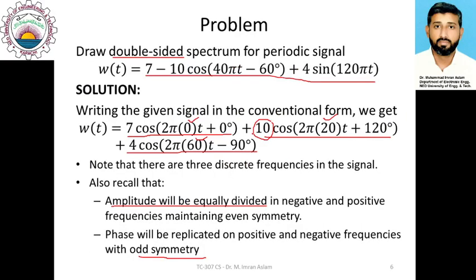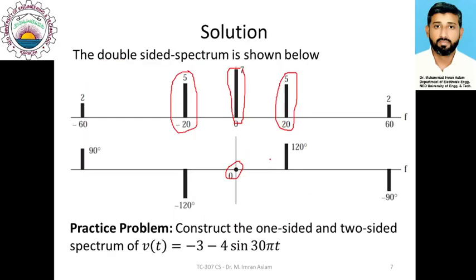Similarly, the phase angle related to this 20 Hertz frequency is 120 degrees, and you can see that it appears here, 120 degrees at the positive frequency. However, the phase angle at minus 20 Hertz would be the negative of what you have at the positive frequency, so this will be minus 120 degrees.